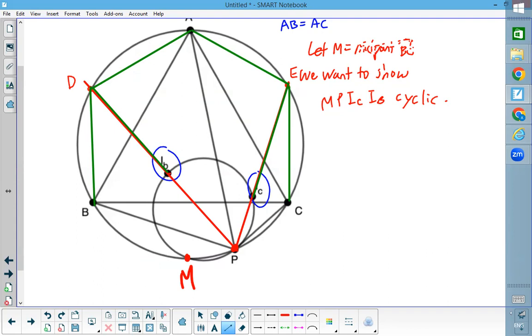Now, after marking these with colors, there's something very interesting. Do you see a congruent triangle? There is actually some congruent triangle going on in this diagram.